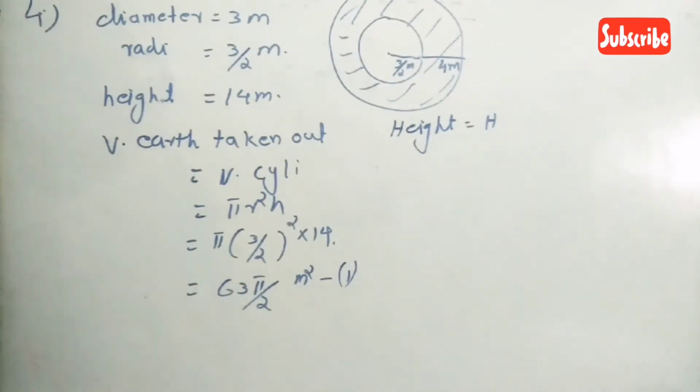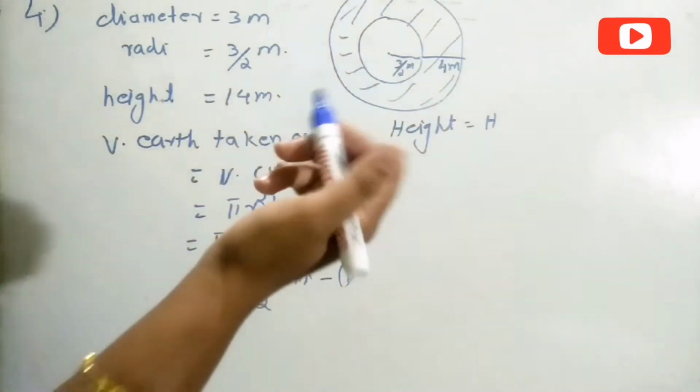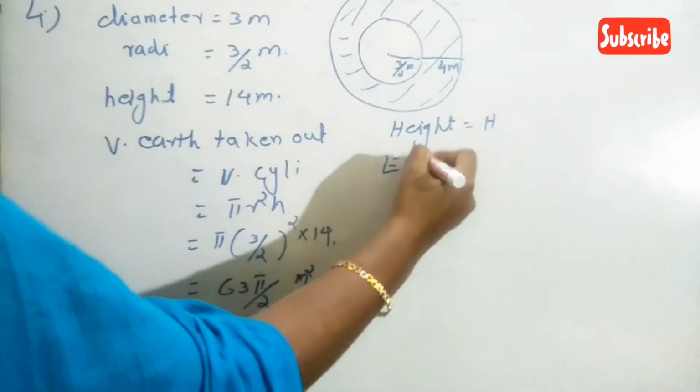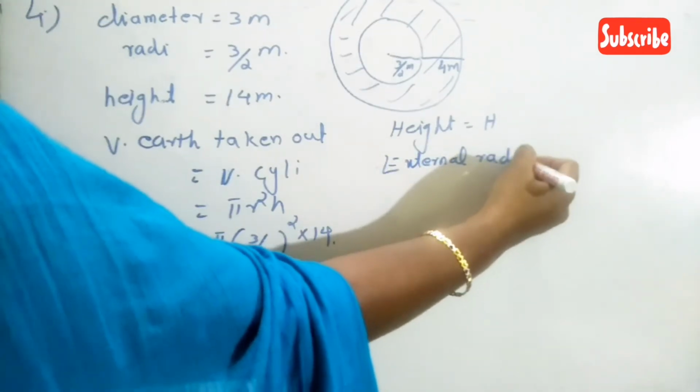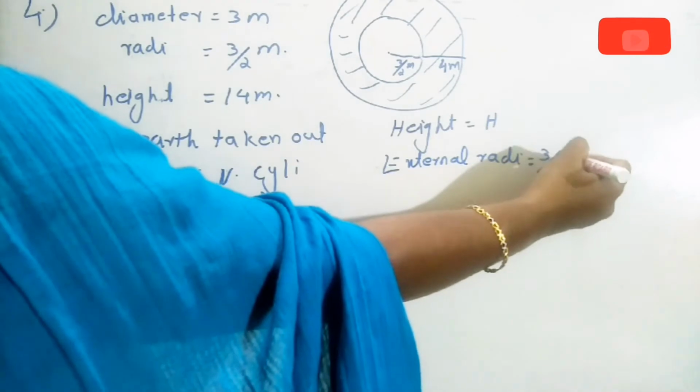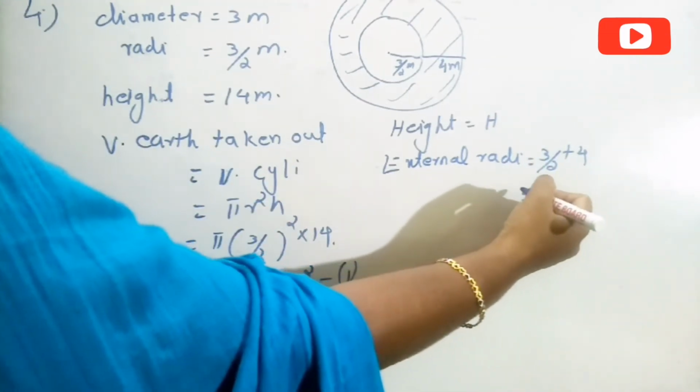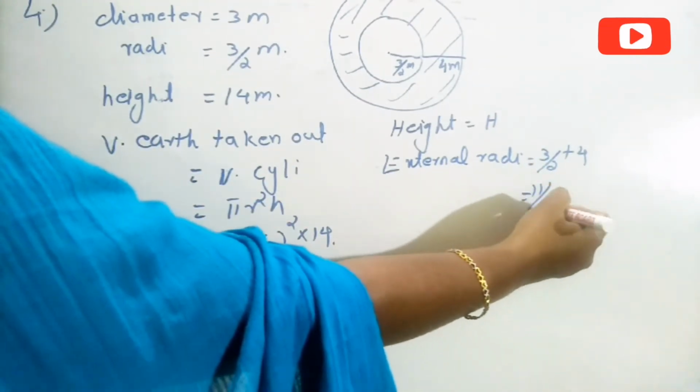For the small portion, the radius is 3 by 2 m, and the external radius is equal to 3 by 2 plus 4, that is equal to 11 by 2.